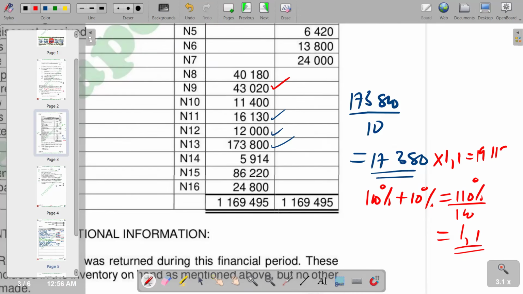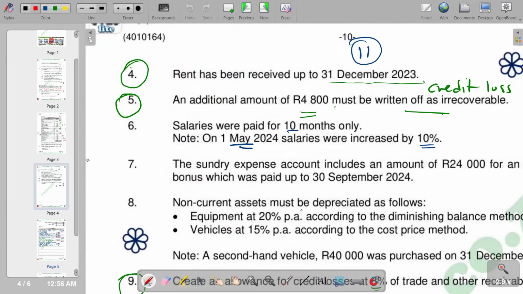So this is the salaries per month after the increase. And the outstanding months that we are told is we have got 2 months that are outstanding. Remember, 10 months were paid. So it means the total 12 months that we have in the financial period minus 10 months that were paid, we get 2 months. So we've got outstanding of 2 months.